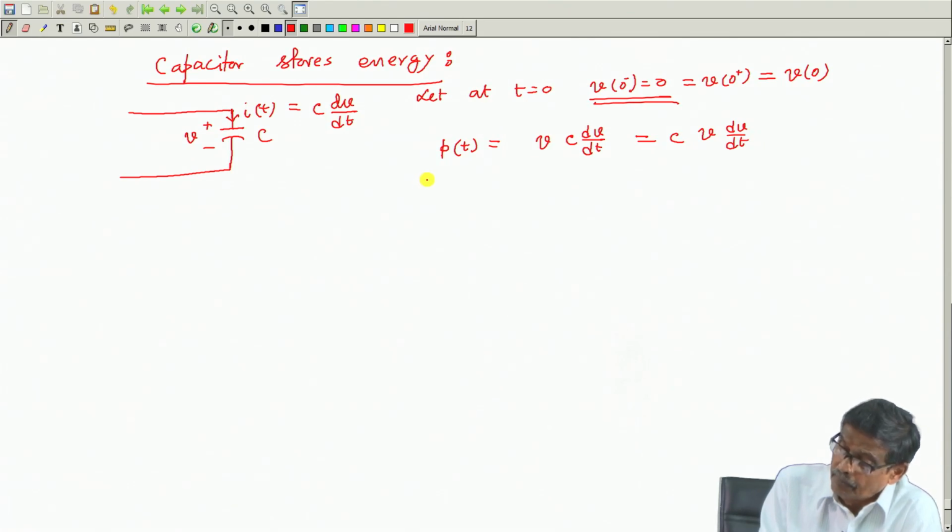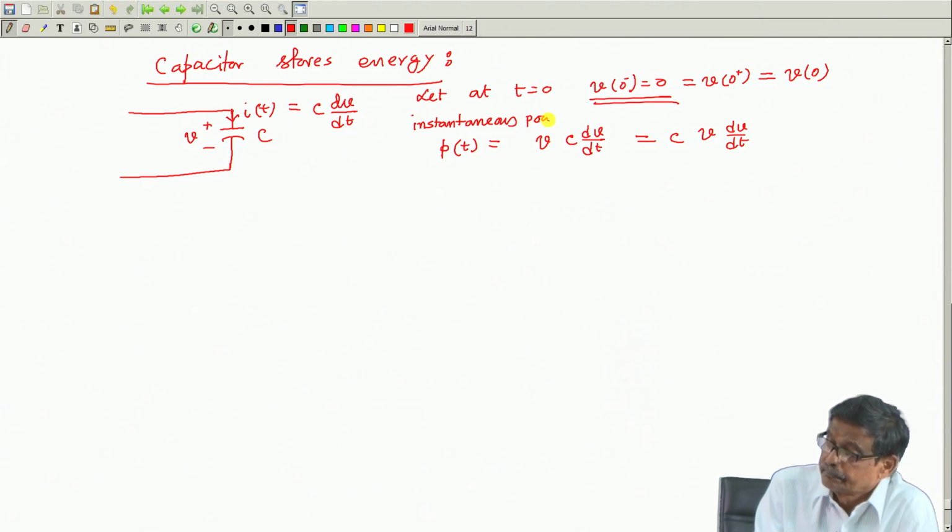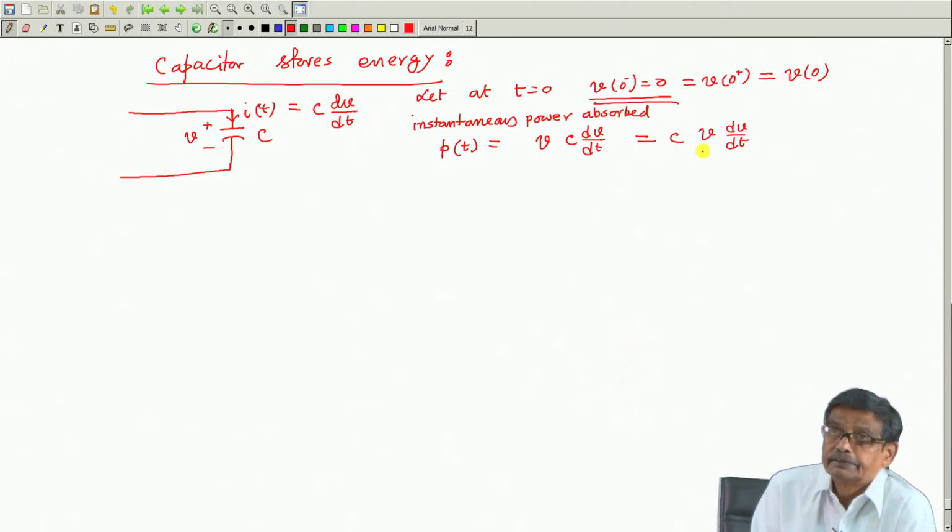Therefore, see the direction of the current and polarity of the voltage is such that it is absorbing power. So, instantaneous power absorbed is equal to this.